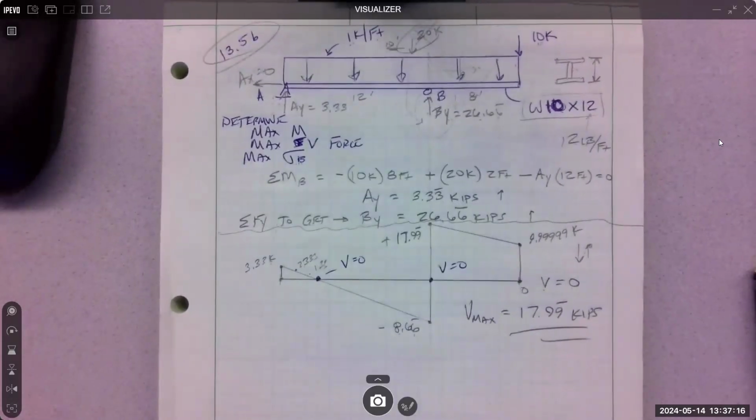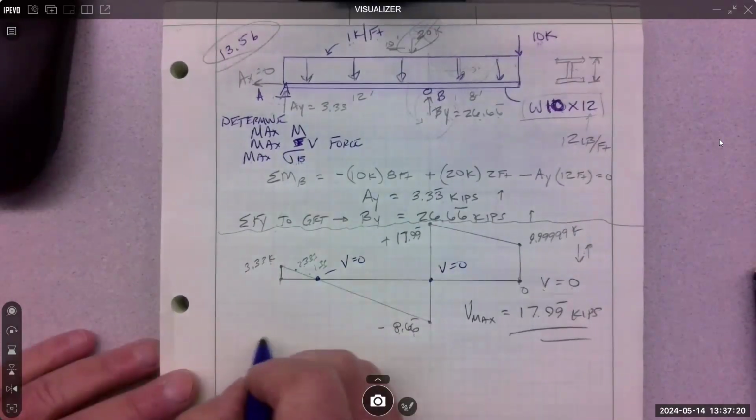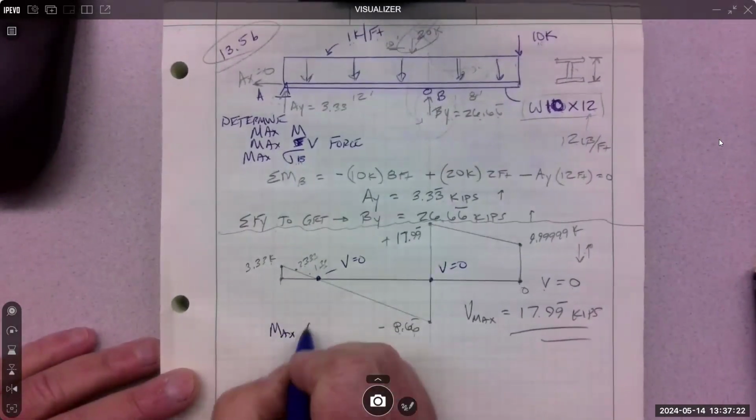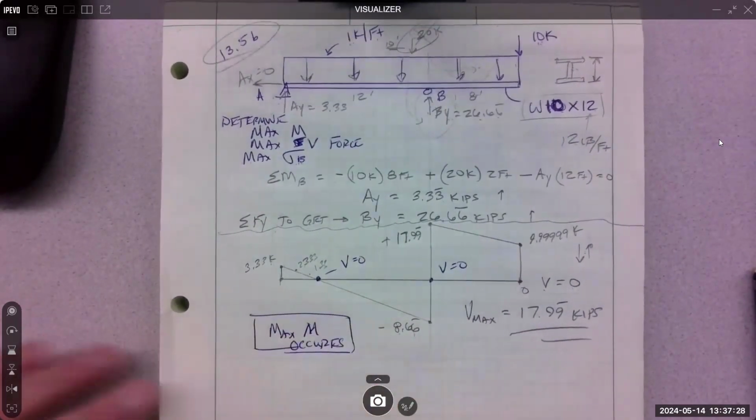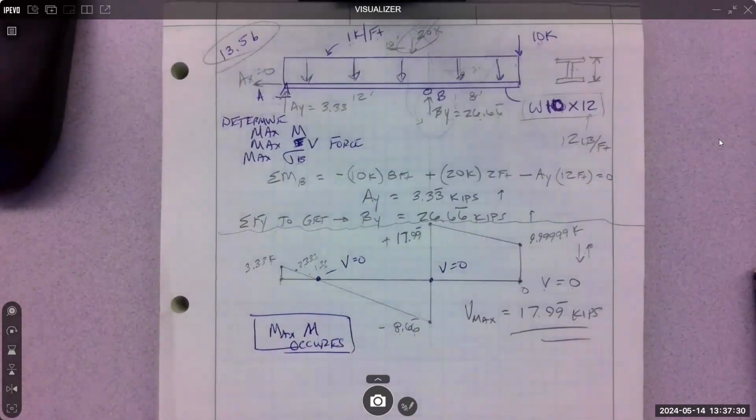Wherever the shear diagram crosses 0, maximum M occurs. The maximum moment occurs where the shear goes to 0. So that's super important for us.